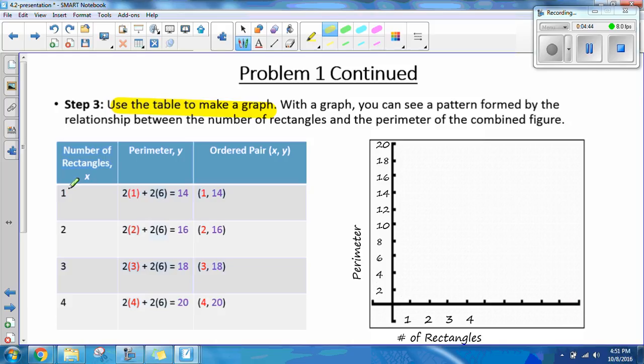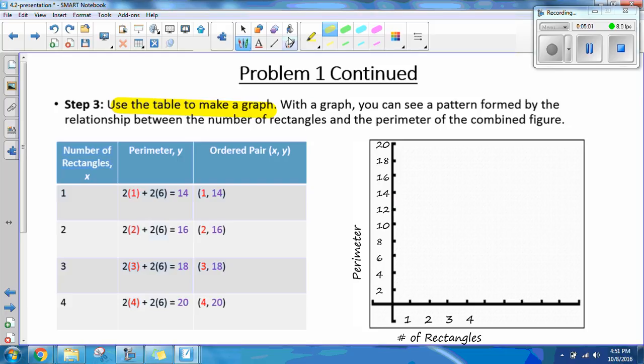And our number of rectangles range from 1 through 4, so I labeled each line as 1, 2, 3, and 4. The perimeter, since it ranges from 14 through 20, I chose an interval of 2, so I did each line by 2s.